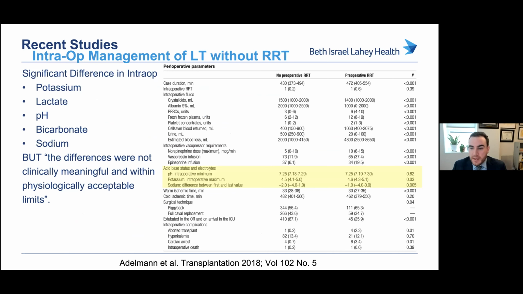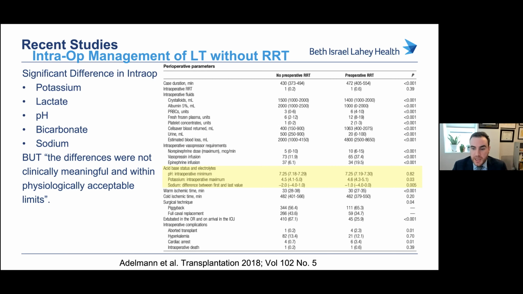If you look at the yellow portion that's highlighted, you'll notice the potassium intraoperative maximum is 4.5 for the people that didn't receive preoperative renal replacement therapy and 4.6 for the people that did.